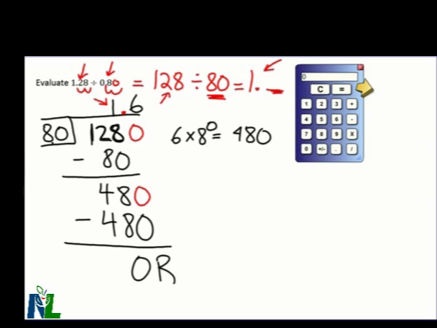We get a 0 remainder. So that tells us, therefore, that 128 divided by 80, which is the same as 1.28 divided by 0.8 or 0.80. Either way, the answer is going to equal 1.6.